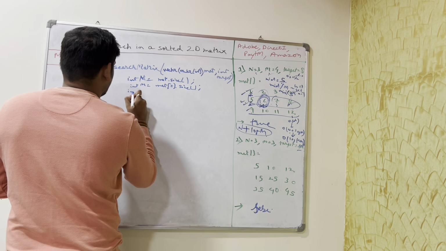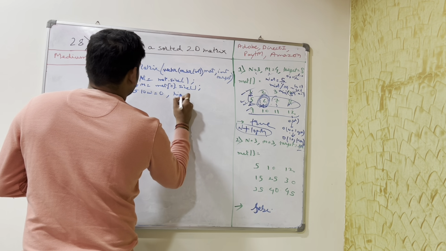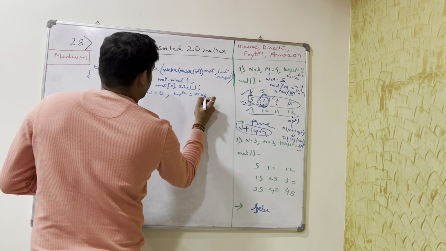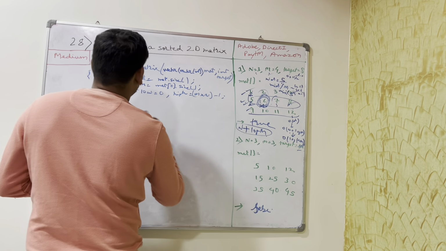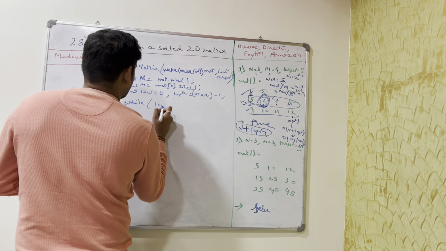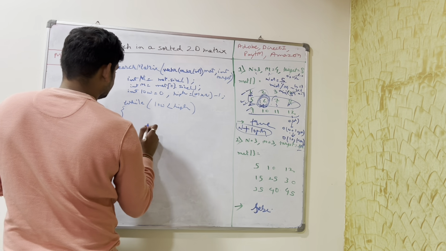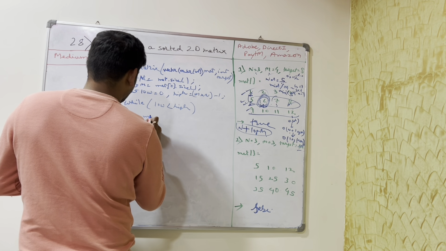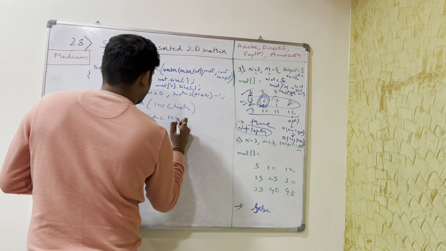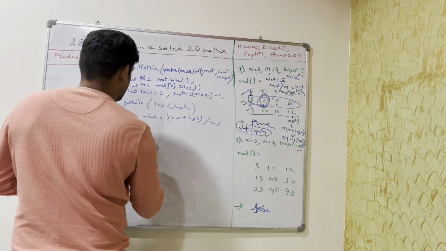Int low would be 0 and high would be m into n minus 1. So while low is less than or equal to high, mid would be low plus high by 2.